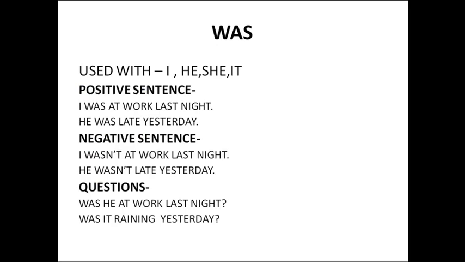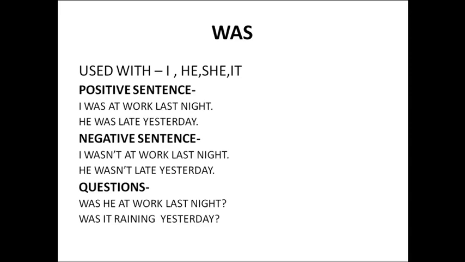Now let's look at some examples and understand the usage of was in a better way. As I told you, was should be used with I, he, she, and it. Some examples of a positive sentence are, I was at work last night. He was late yesterday.